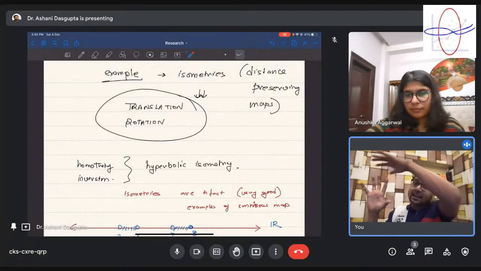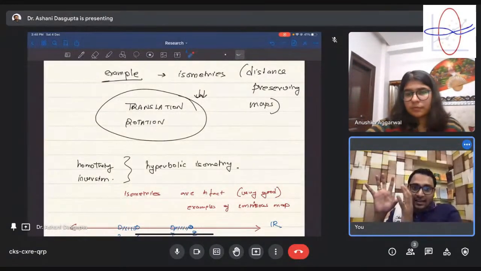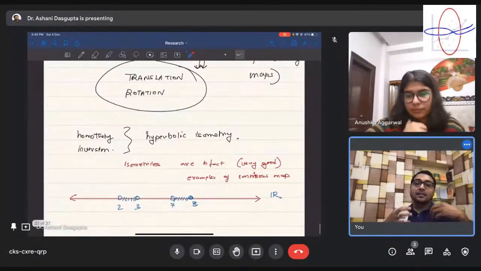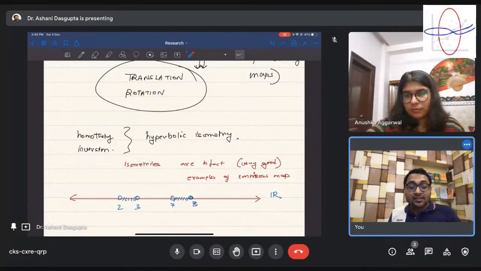But if you study continuous maps in general and figure out certain properties of all continuous maps, then certainly those properties will be applicable to the isometries. So one of the reasons people study topology is to understand the properties of continuous maps. And you were asking how can we go from geometry to topology?